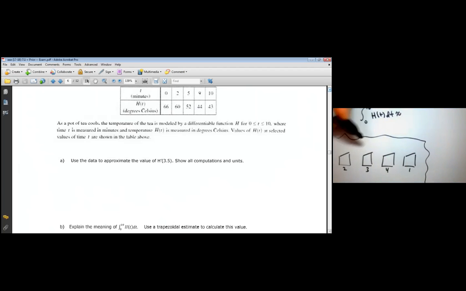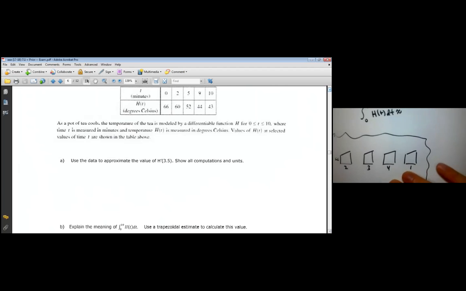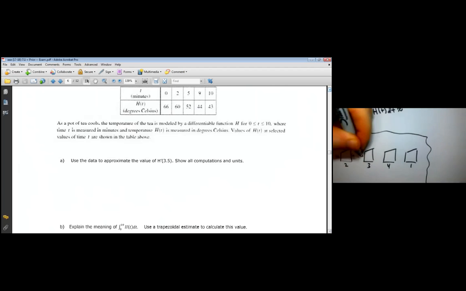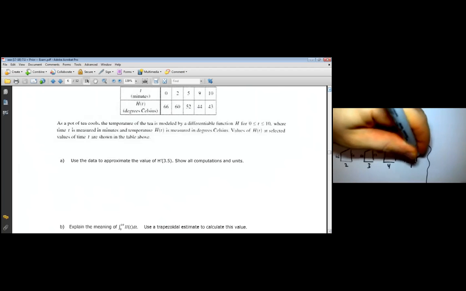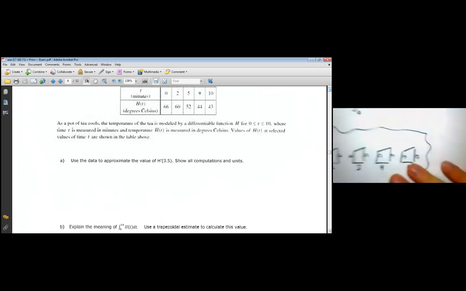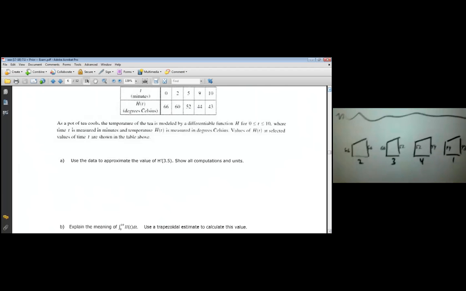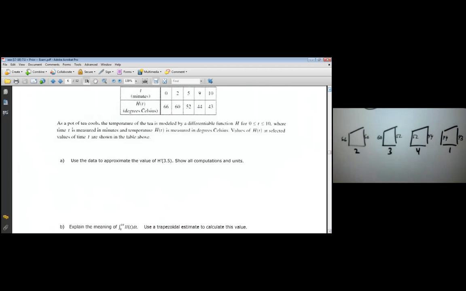Then we get our y values in there, and the y values are going to be 66, 60, 60, 52, 52, 44, 44, 43. Okay, does anybody have any questions on the dimensions of those blank trapezoids that we have?